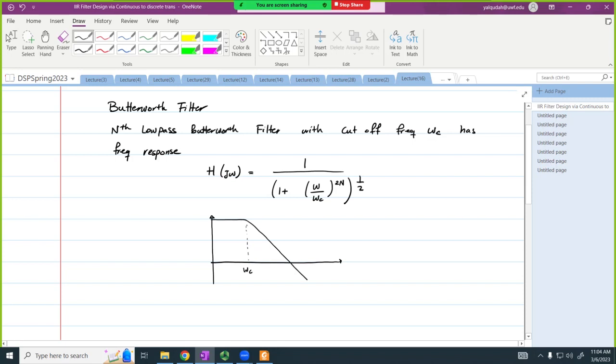At the cutoff frequency, we're going to have negative 3 dB, and at zero frequency, it's going to have 0 dB. This is the magnitude of H(jω) in dB. And we said this curve goes at 20 times n dB per decade.